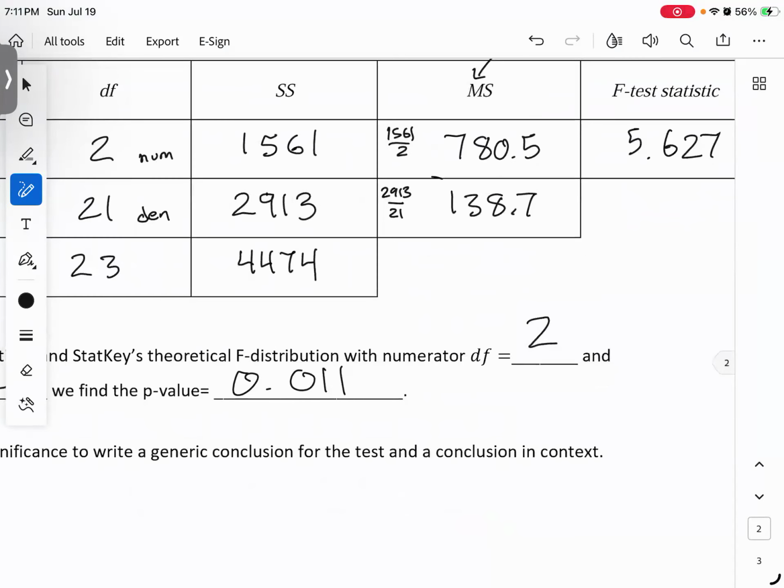We've got 0.011. That is smaller than a significance level of 5%.